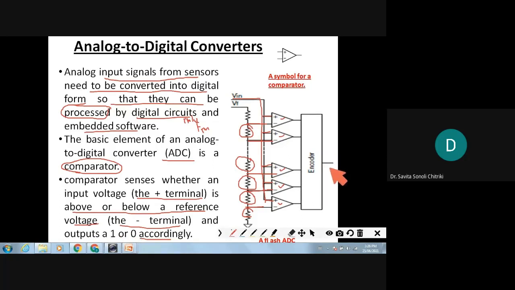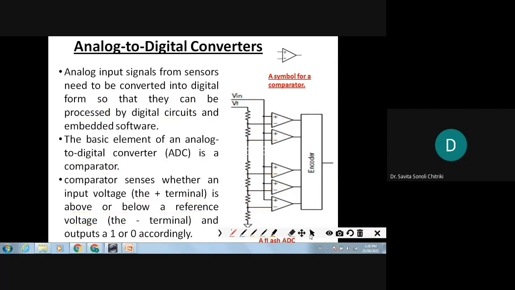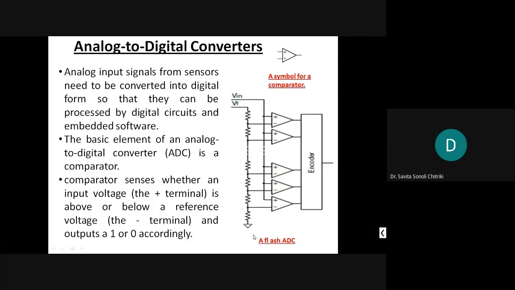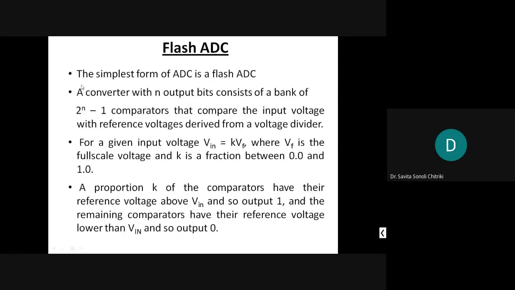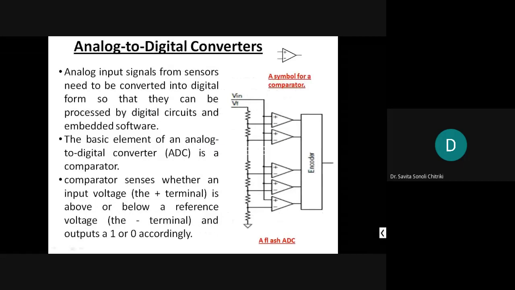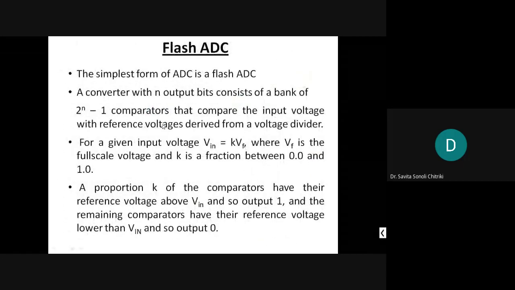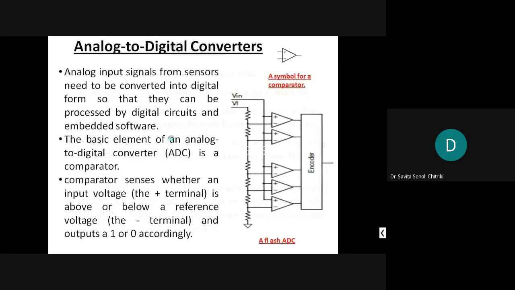So using an encoder, finally the output will be either 1 or 0 here, right? So that is the basic concept of an A to D converter, right?